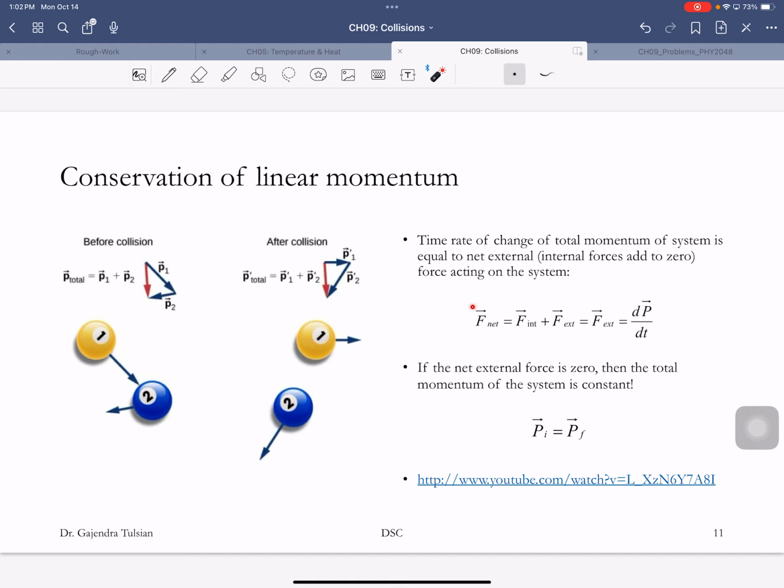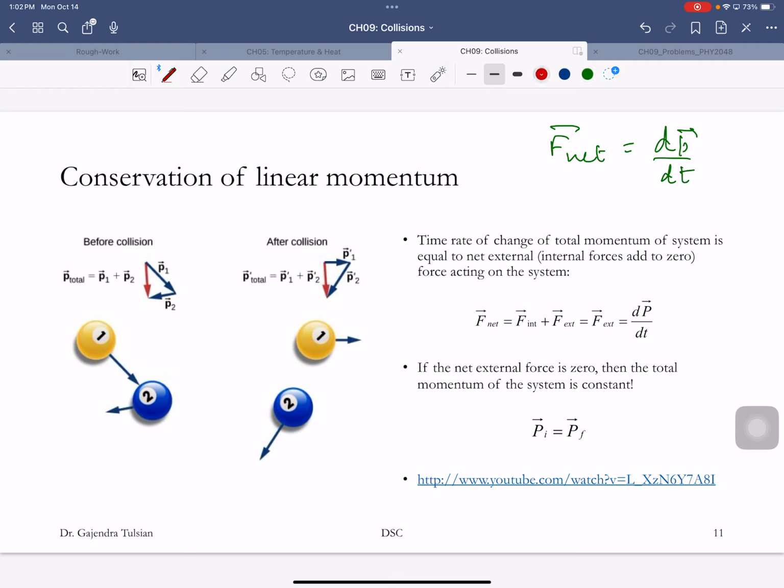So here's how you can say that. You just saw that Newton's second law is that the net force is equal to the rate of change of momentum of the particle or the rate of change of momentum of the system. Now, the net force includes internal forces, and external forces if there are any. Internal forces are when these guys collide.